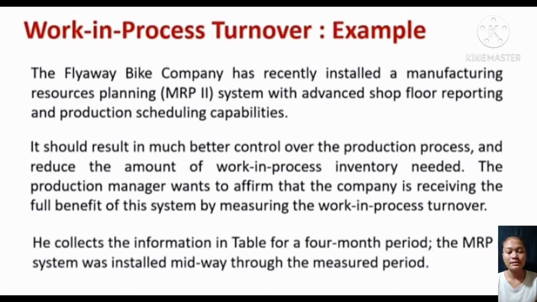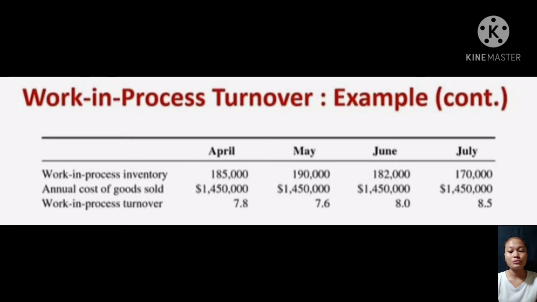He collects the information in a table for a 4-month period. The manufacturing resources planning system was installed midway through the measured period. The work in process in the month of April was 7.8, in May 7.6, June 8.0, July 8.5.